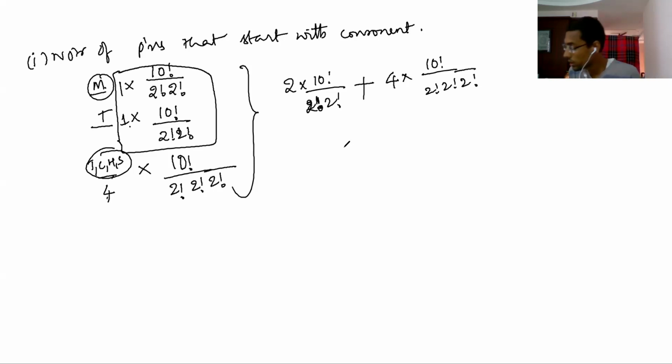So the next one here, find the number of 7-digit numbers that can be formed using 2, 2, 2, 3, 3, 4. Okay, that is all right. Find the number of 4-letter words that can be formed from the letters of the word Ramana.